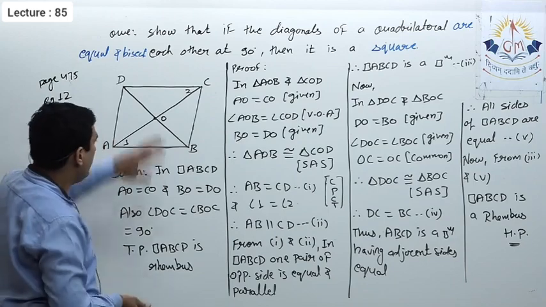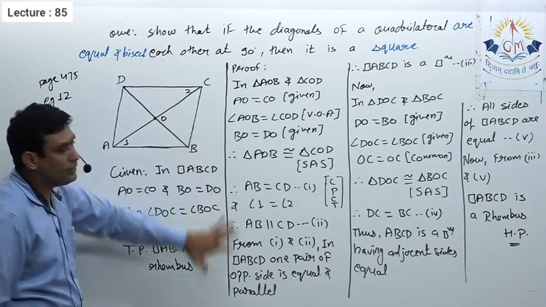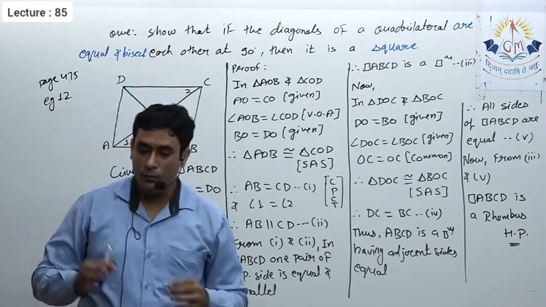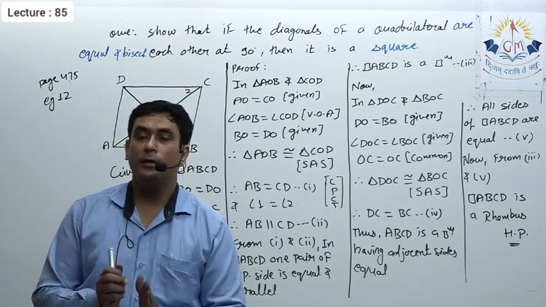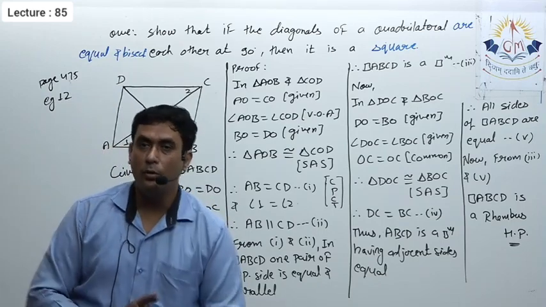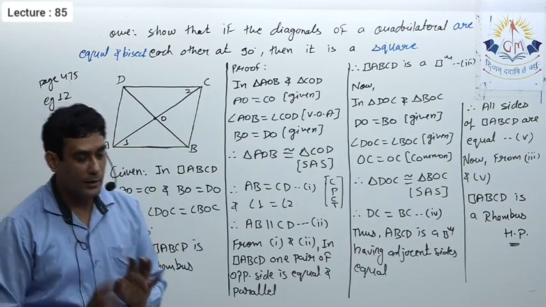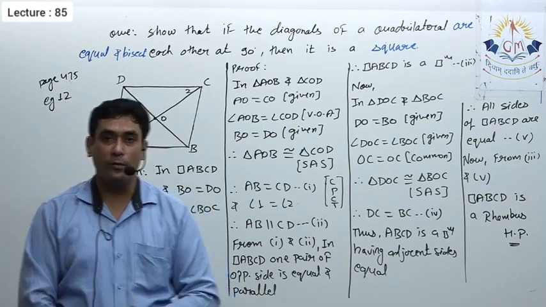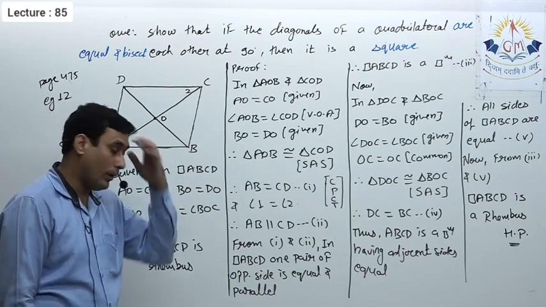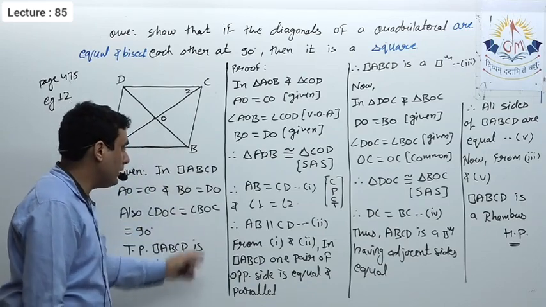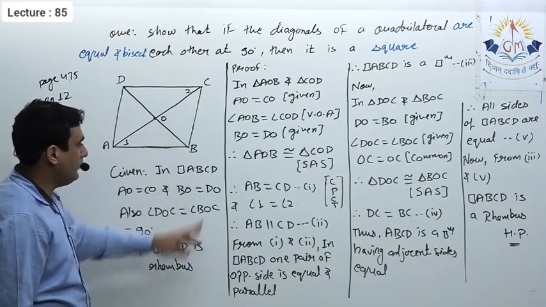See why I am using this, because the solution is almost the same. Now first of all you should understand the necessary conditions to prove that a quadrilateral is a square. First of all, it should be a parallelogram. So the very first thing we'll prove is that it's a parallelogram, following the same method.